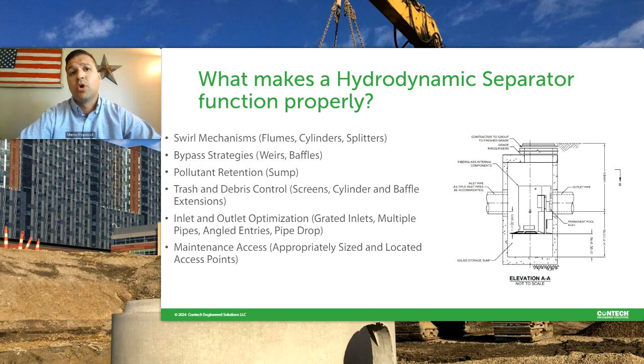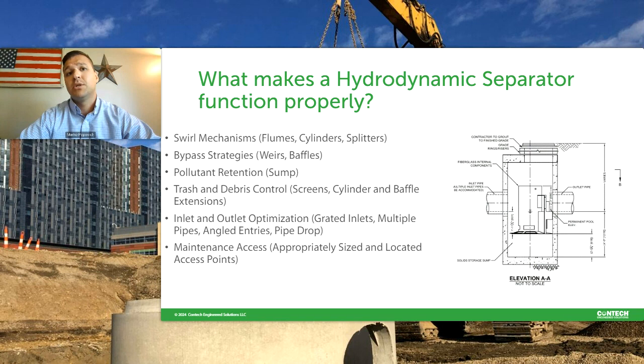Again, something that's becoming more and more prevalent, Taylor will get more into some of the specifics on this, is trash and debris. What sort of measures are we implementing to capture that 5 millimeter requirement for trash and debris? Oftentimes you see many devices that are designed and someone's added a screen to it, and that tends to be really effective. There's a couple screen approaches that we'll talk a little bit more about here, but equally important is retaining that.